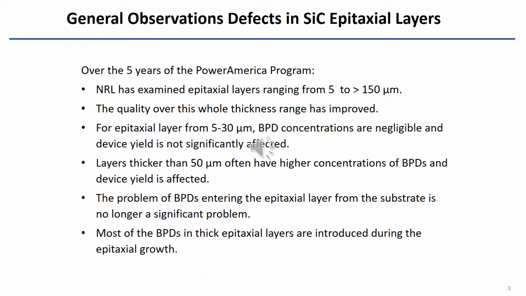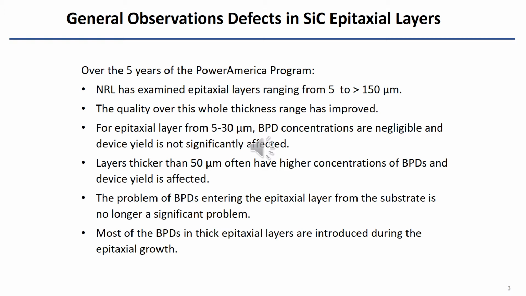I'd like to make some general observations of defects in silicon carbide epitaxial layers over the past 5 years of the Power America program. During that time, we've looked at epitaxial layers ranging from 5 to 150 microns. And I would say that the quality over this whole range has improved.